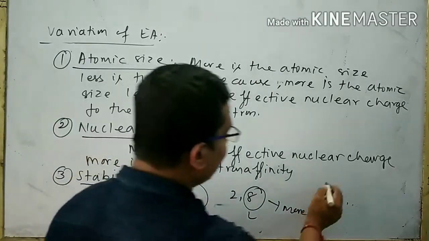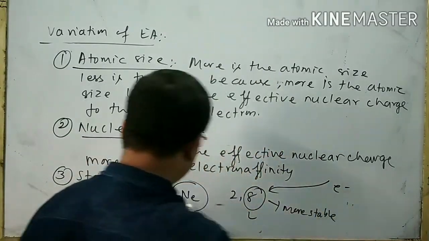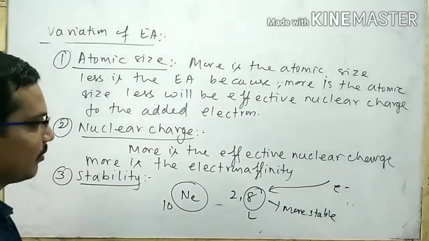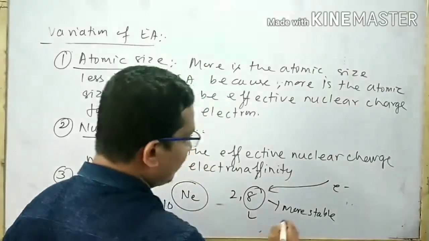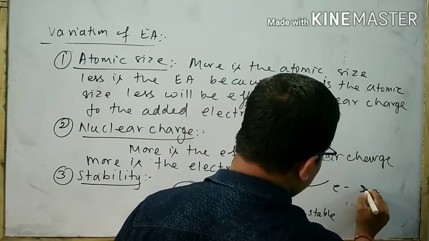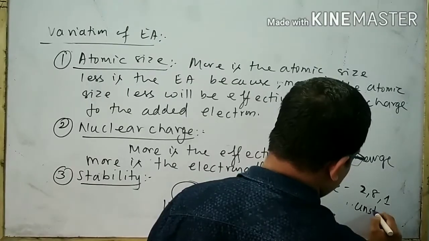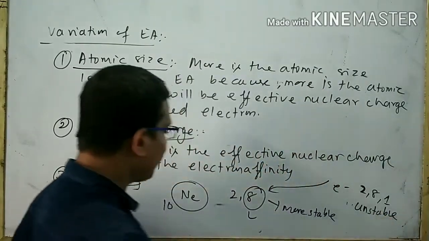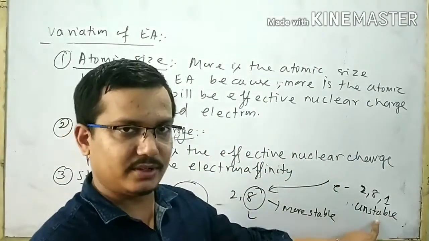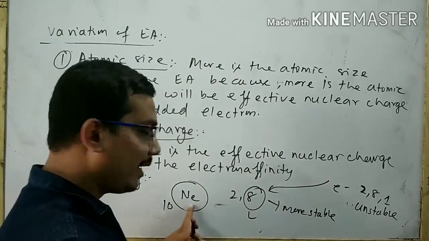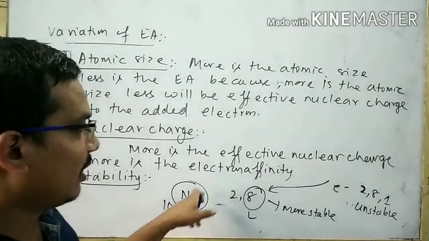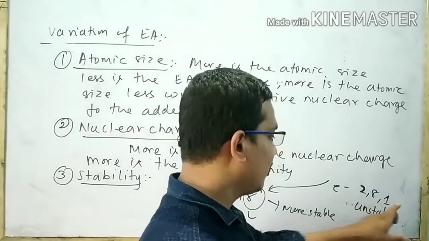Suppose I want to add an electron into the neon atom, then it will be converted into 2, 8, 1 configuration. That means this is your unstable configuration. So neon does not want to be unstable.